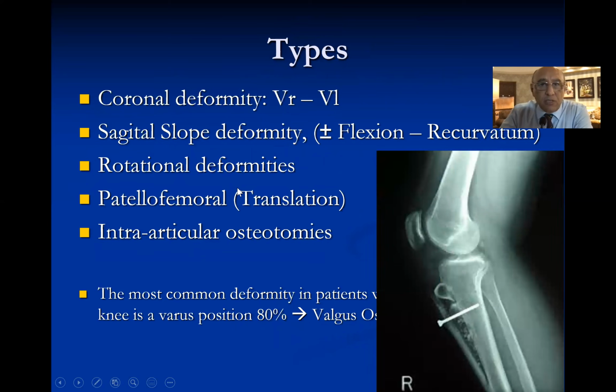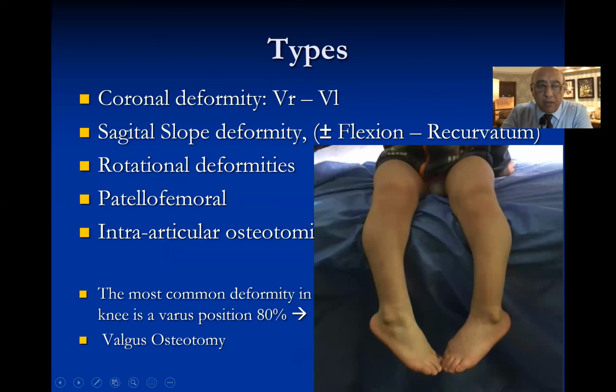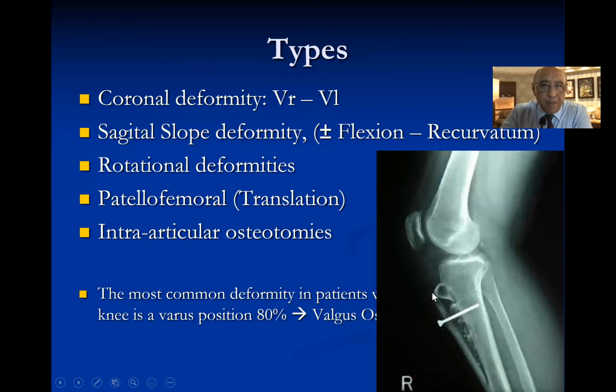We can get rotational deformity like this in adolescents. It's common in adolescents with the residual deformity after rickets or tibia vara. You can get much rotation associated with varus deformity.